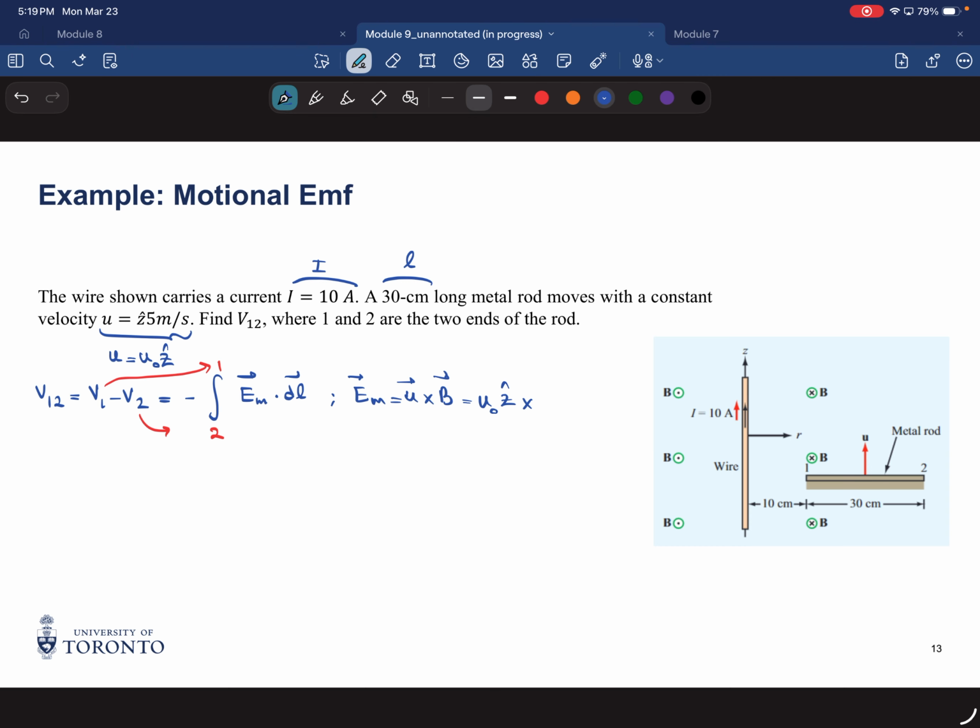Do you remember what is the B of a wire carrying current I? No? It's like Ampere's law. Do you remember how we calculated the magnetic field of a wire using Ampere's law? Anyone?